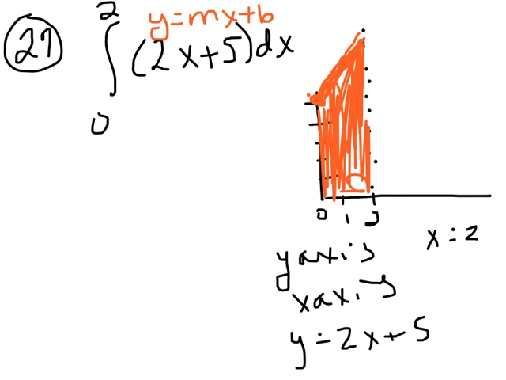I did 29 and 31 on the video, but if you're looking in your book, 29 is another one of those absolute value functions, kind of like number 15 that we looked at. And 31 is a half of a circle. If you look at what they've got there, you have to think y equals the square root of 9 minus x squared, just briefly, in case you don't want to go watch the video.